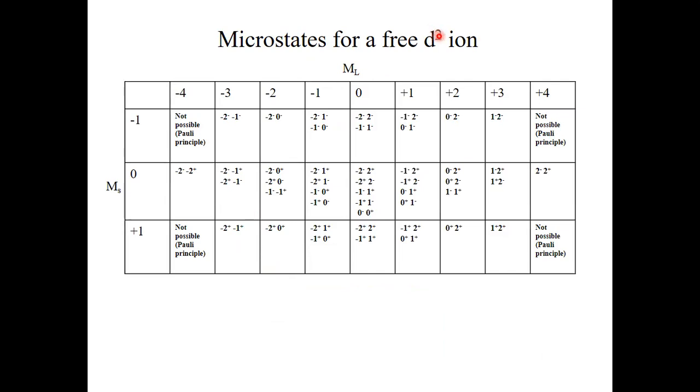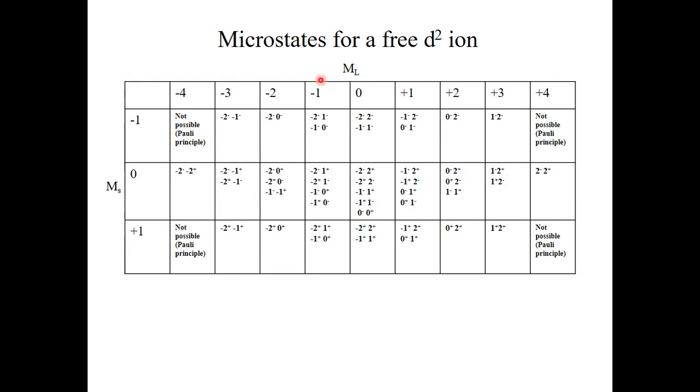You can determine the term symbols for this electron configuration using what is called a microstate table. And you see here the microstate table for this electron configuration.